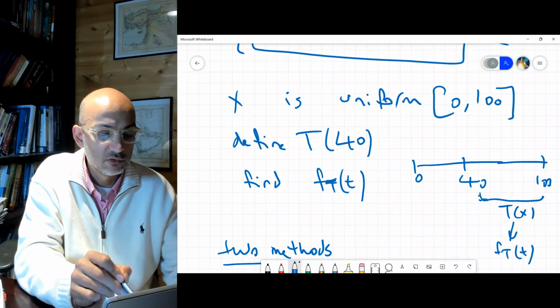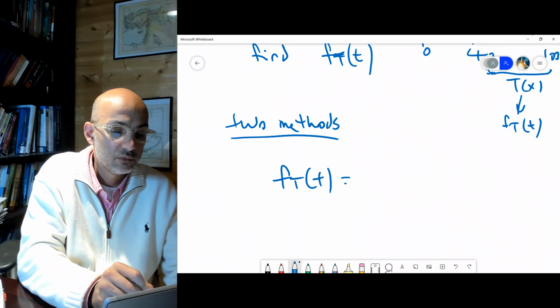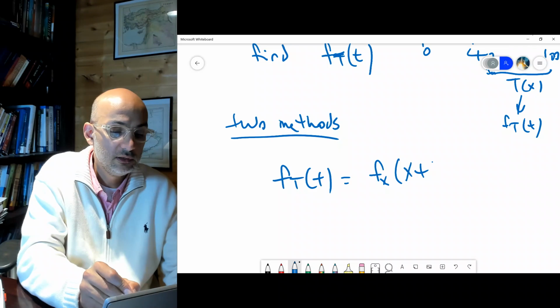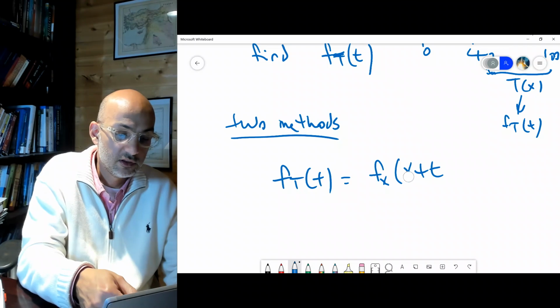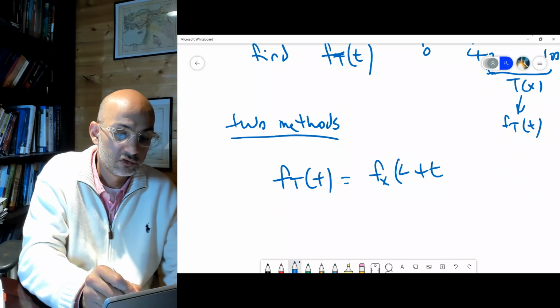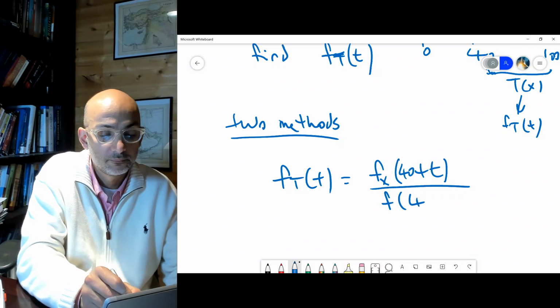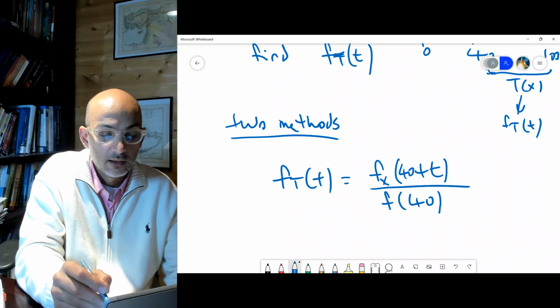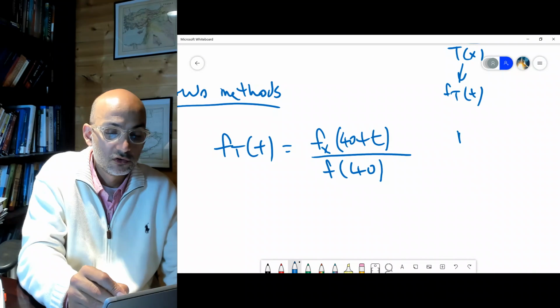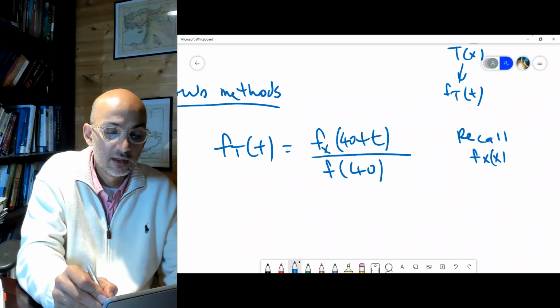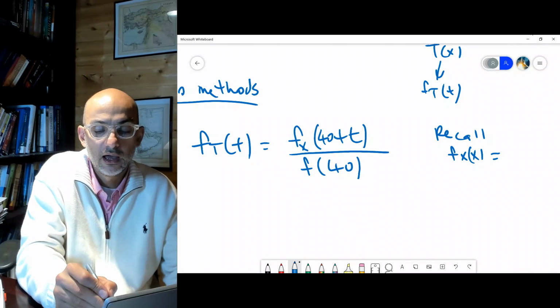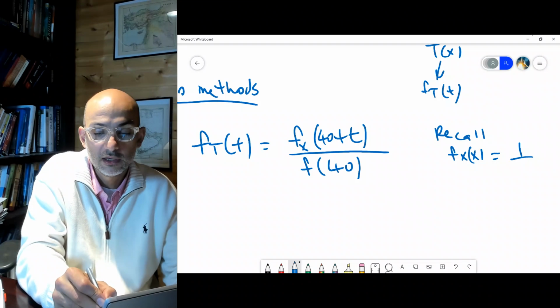Using the original one, x plus t, and instead of x this is 40, because the age is 40, divided by S of 40. And recall that f of x, the density function for the life at 0, is 1 over omega, which is 100 for our case.